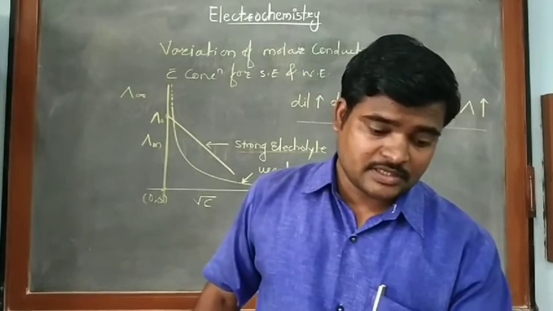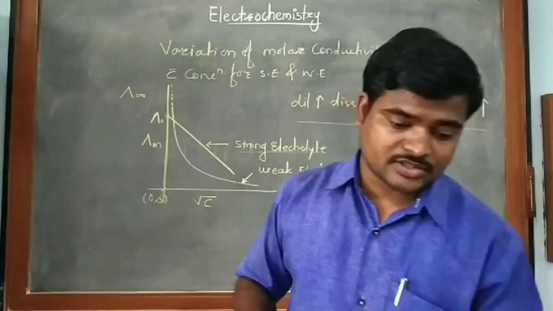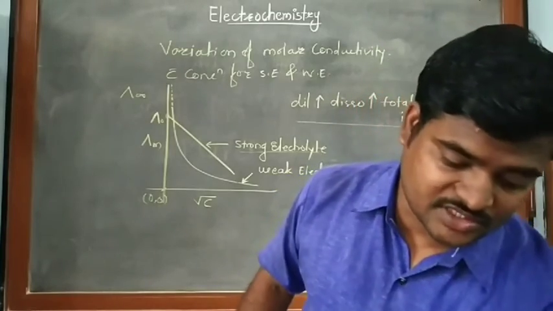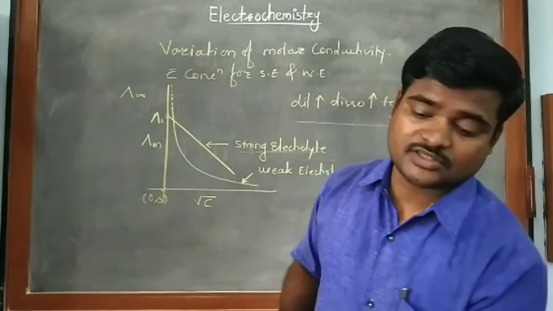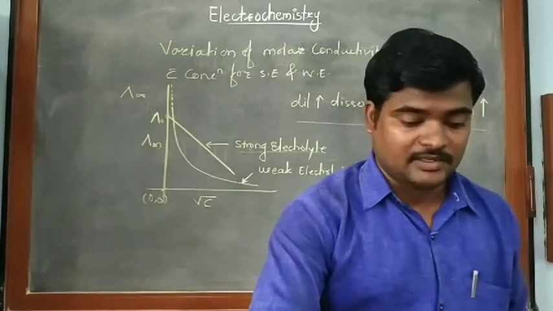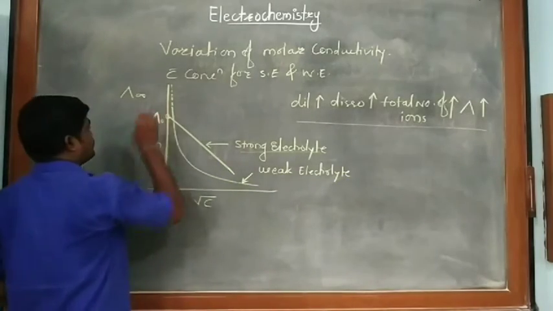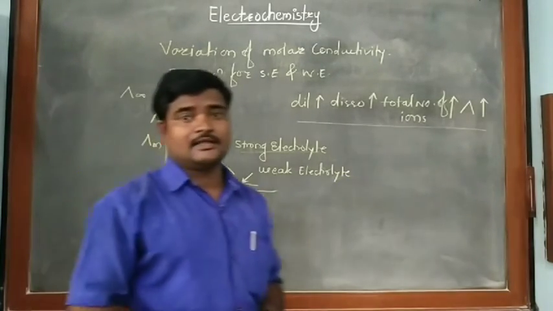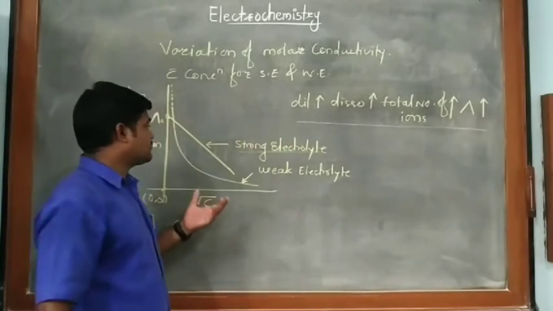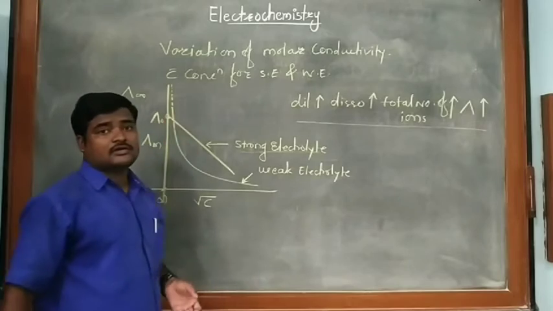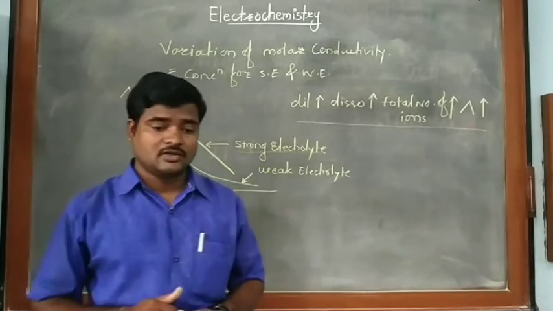Now students, at low concentration or at high dilution, the extent of dissociation increases rapidly with dilution. This lambda 0 value for a strong electrolyte you will get exactly, but for weak electrolytes, as the dissociation is not taking place completely, it will not show a perfect value, or we cannot conclude a perfect value.